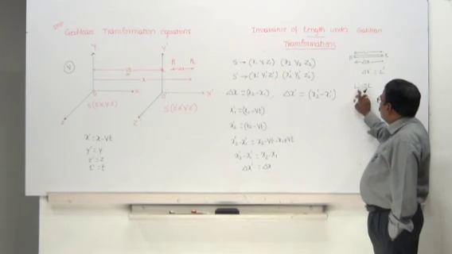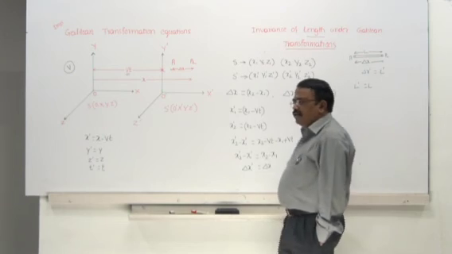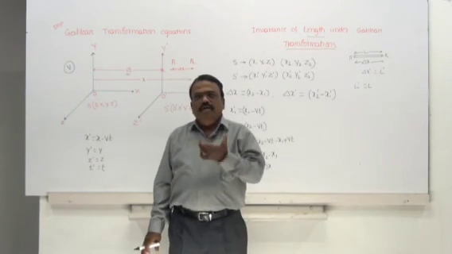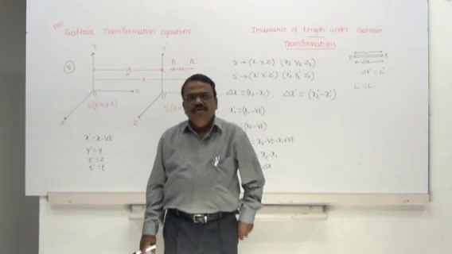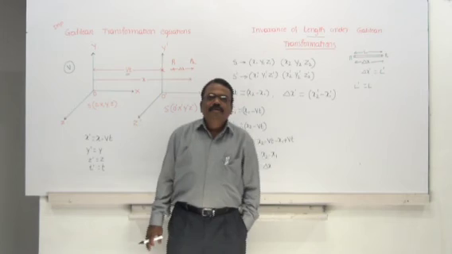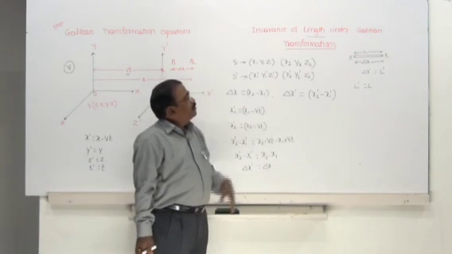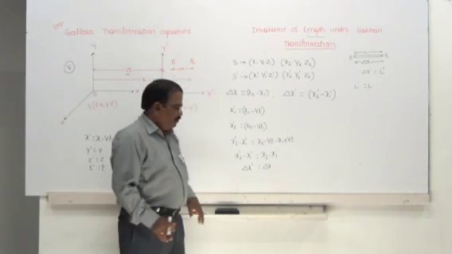Finally we have shown that L dash is equal to L. What does it mean? Under Galilean transformation equations, the length of an object does not change. The length of the object remains constant. This is the invariance of length under Galilean transformations.